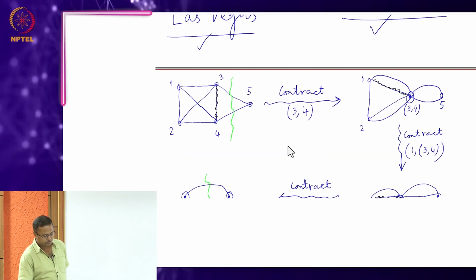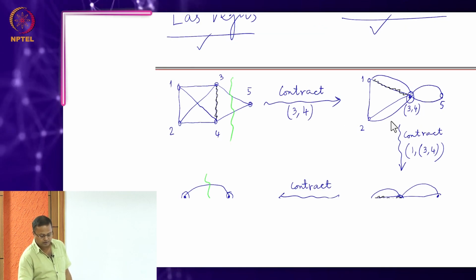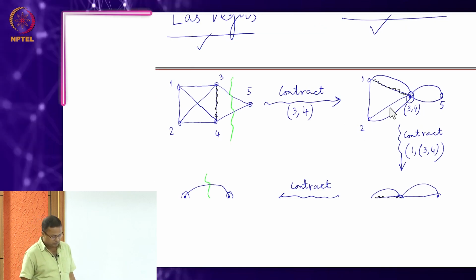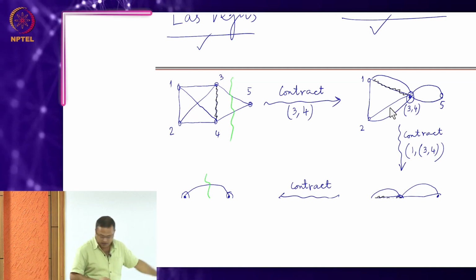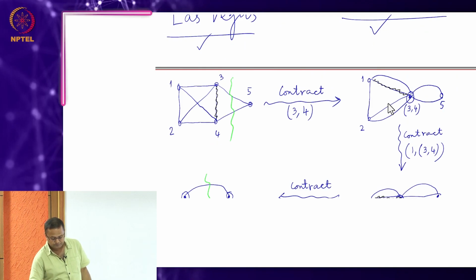On the same graph. So start with this one, first 3 4, so you land up here, right. So you land up there, then instead of contracting 1 3 4, you contract 3 4 5.